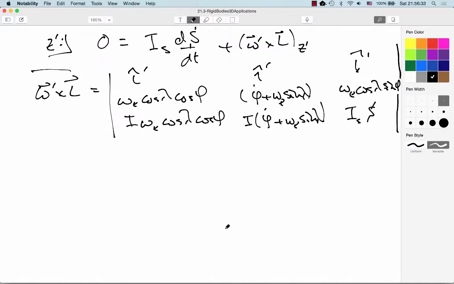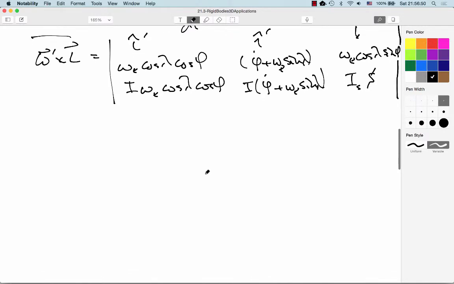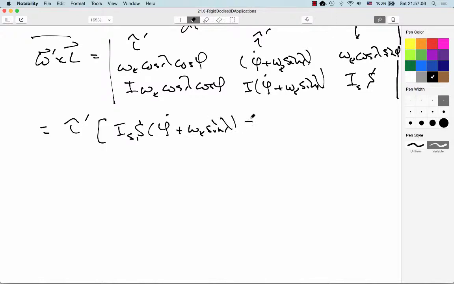All right. So when you do that, it turns out that when you do the k prime part, you're going to get a cancellation here. This minus that is 0. So we're left with I prime times a bunch of stuff, the same quantity in the parentheses there.